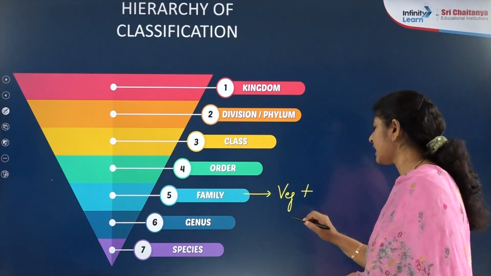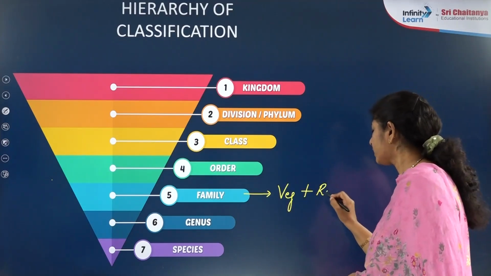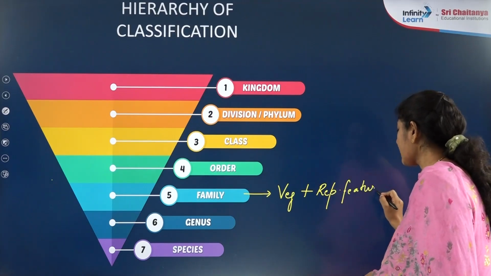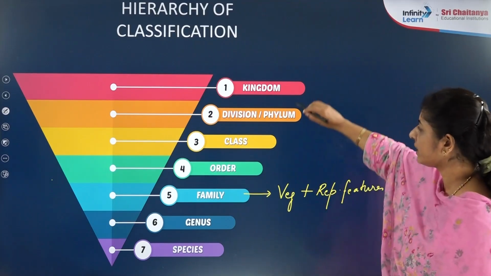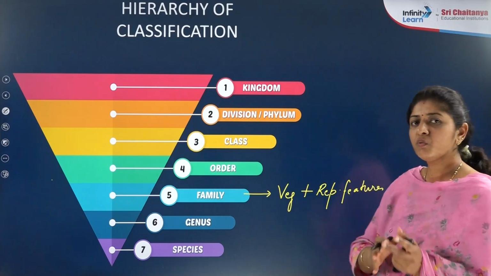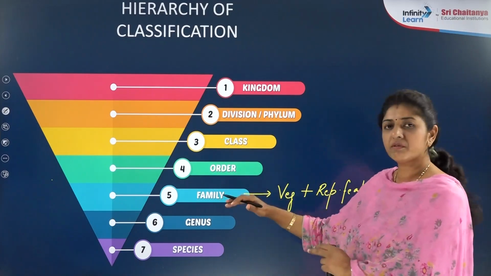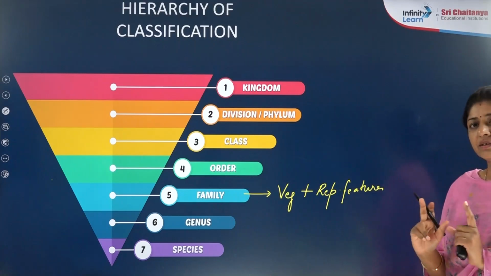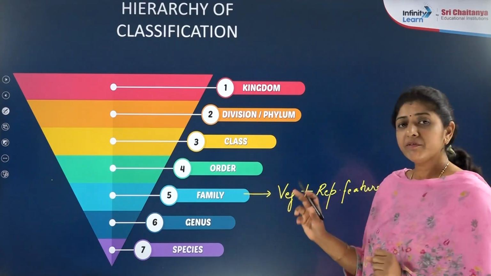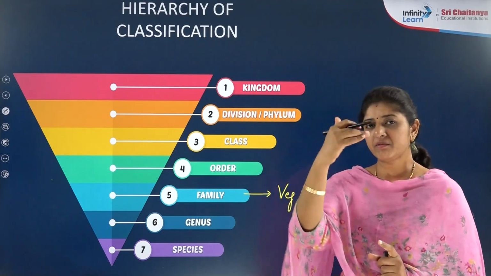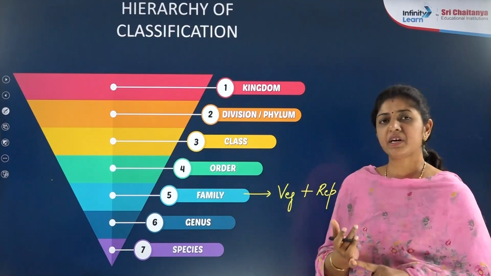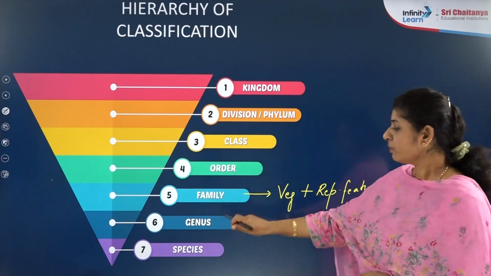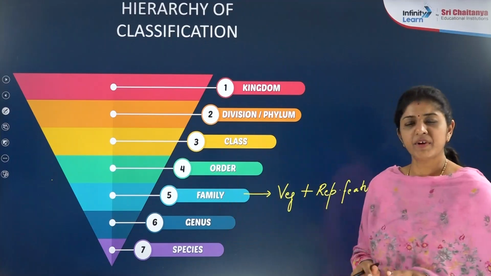Vegetative features as well as reproductive features. Because I said the number of common characters decreases. So which characters are left to study the family? Vegetative characters and reproductive characters. Fine. I will give you the examples at the end of which family comes under what, separately for plants and animals. So a group of related genera, you call it a family.